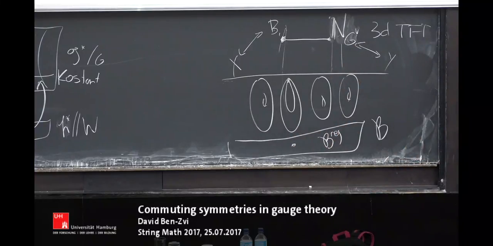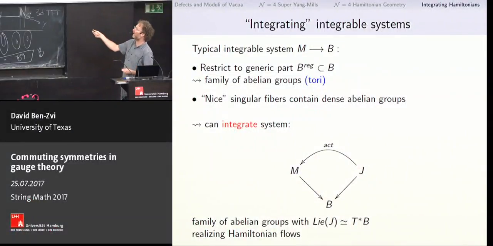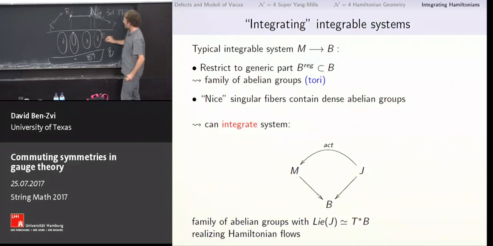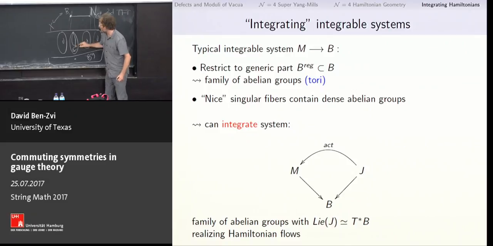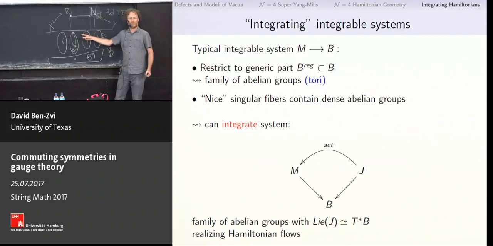So in a typical integrable system, away from some bad fibers, you have a symplectic family of abelian groups, the Liouville tori, over some open locus, and then they degenerate somewhat. If your degeneration is not bad, here we have maybe an elliptic curve. The degeneration here still contains C star as an open dense locus, which is an abelian group.